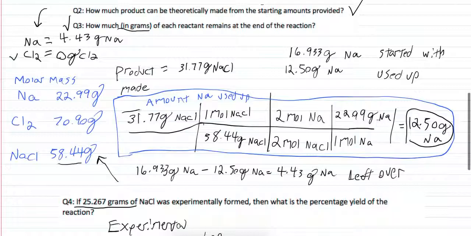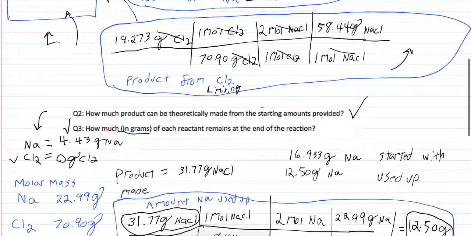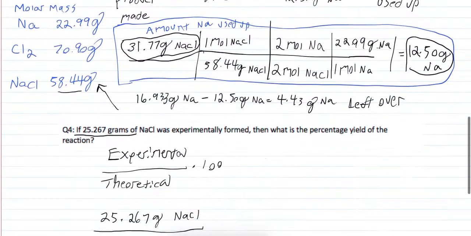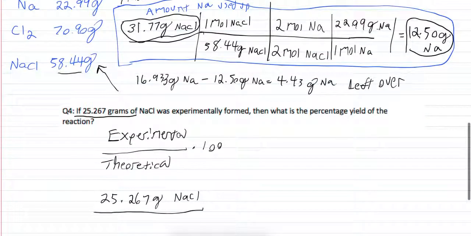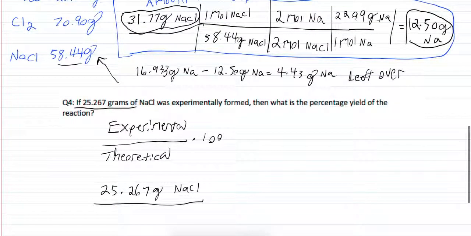This was the amount that we originally made, or the amount we made theoretically. If everything went perfectly, this is the amount that we should get. In real life, if you scroll back up here, the answer would still be there. However, this is on a computer. So theoretically, we should have 31.77 grams of NaCl. We're going to divide those two and times it by 100.